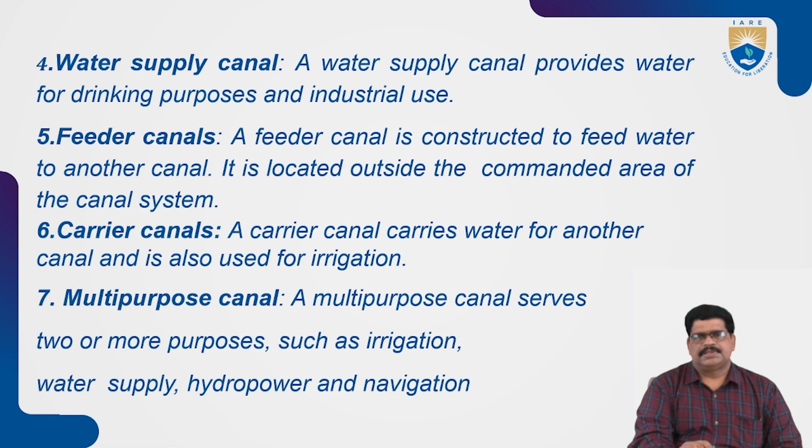Next, multi-purpose canal. A multi-purpose canal can be used for two or more purposes, such as irrigation and water supply, hydropower and navigation. As we see, all these purposes can be combined, so we also call them multi-purpose canals.